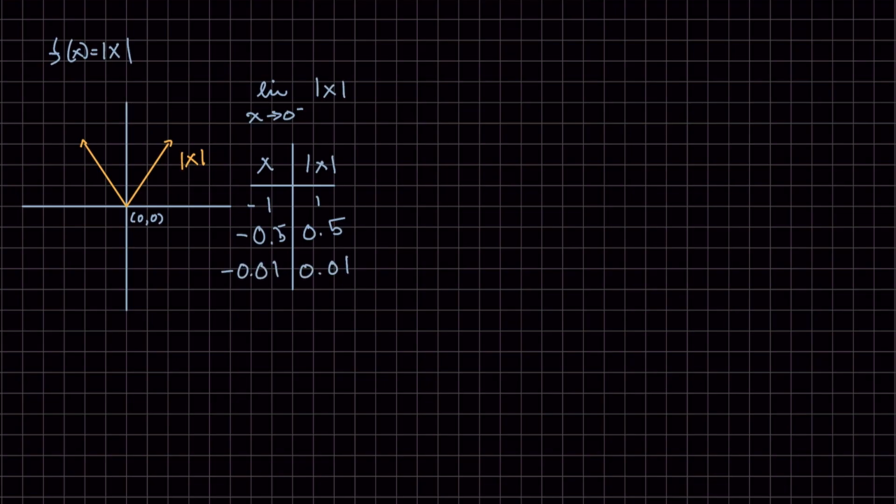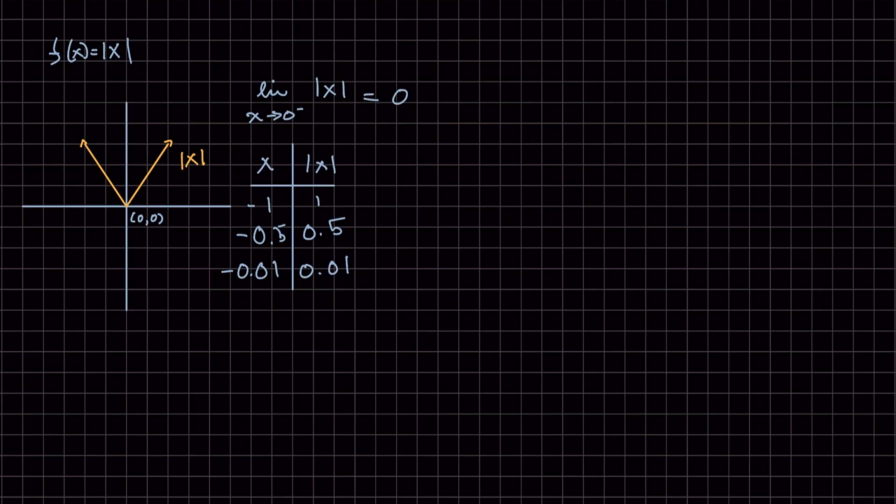You can see, right, as we get closer to 0 for our independent variable, our dependent variable, the absolute value of x, approaches 0. It gets closer and closer to 0. So we say that the limit of the absolute value of x as x approaches 0 from the left is equal to 0. And that's amazing.